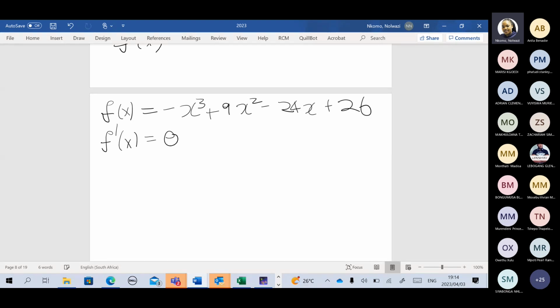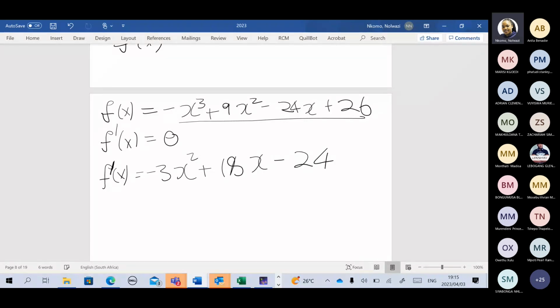Okay, if we are given f at x as in this, you'll find the derivative of this by using the power rule, right? If we differentiate that, you'll have minus 3x squared plus 18x minus 24, right? And then you equate this to 0.